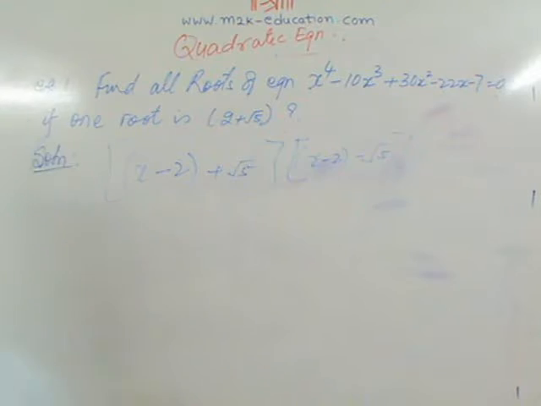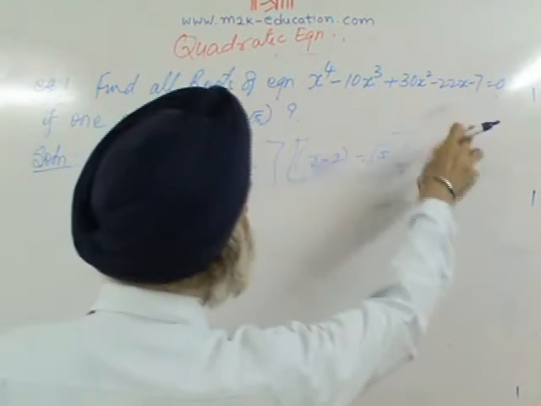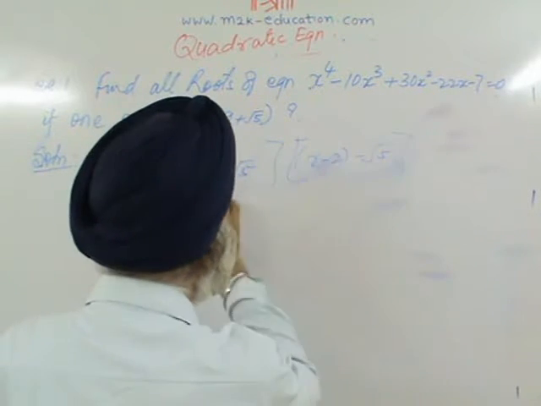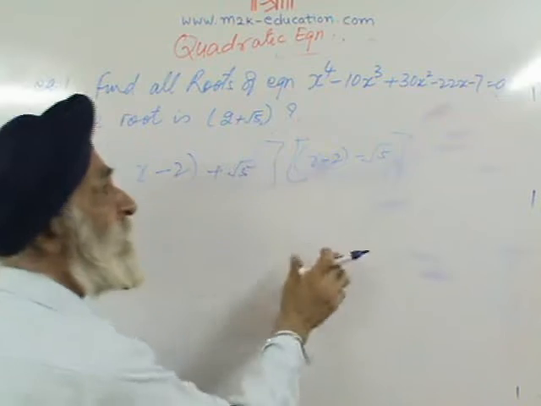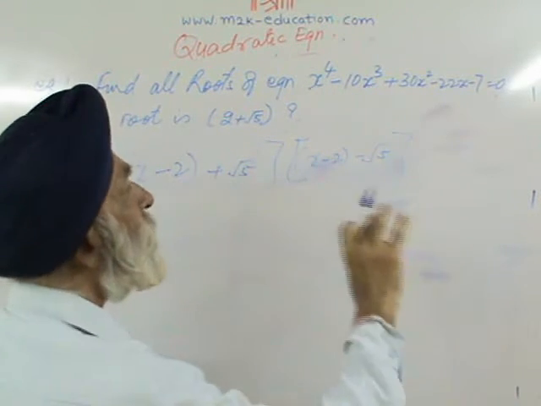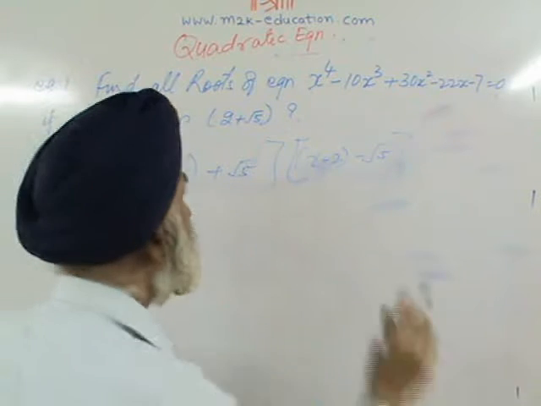Now to find out the balance two factors. This is a fourth degree equation. So we can divide this equation by the quadratic equation which we have found, and find out the balance factors.